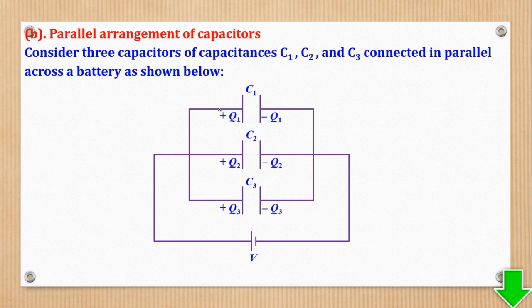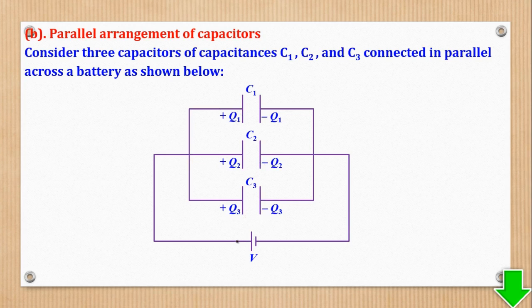In this case, you realize that the charge is different on each capacitor. So here the charge divides. Here the charge is true at this point, but when it reaches here, it has to split, one this side, another on this side, another on this side.